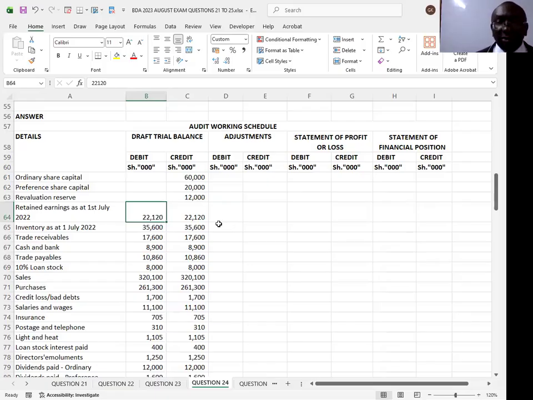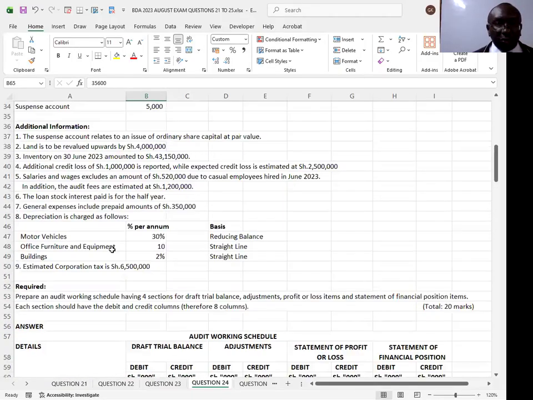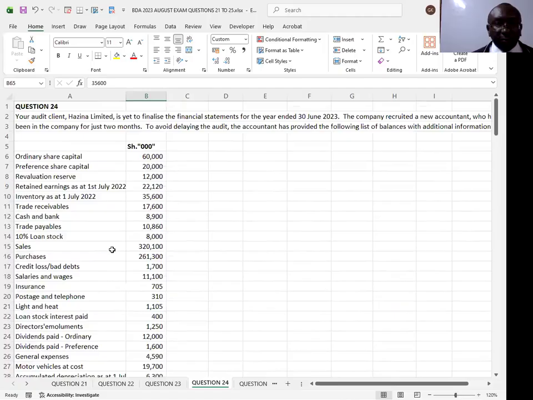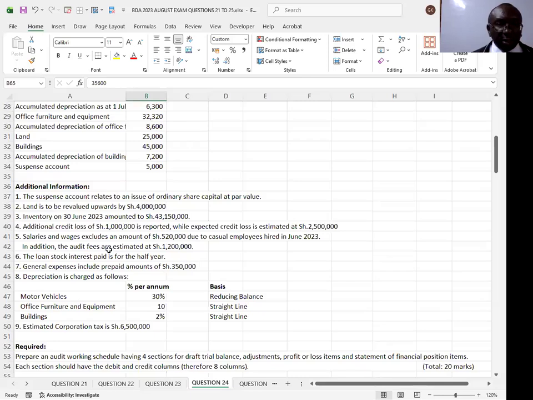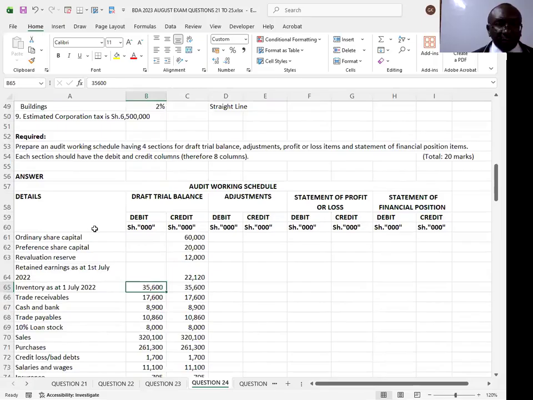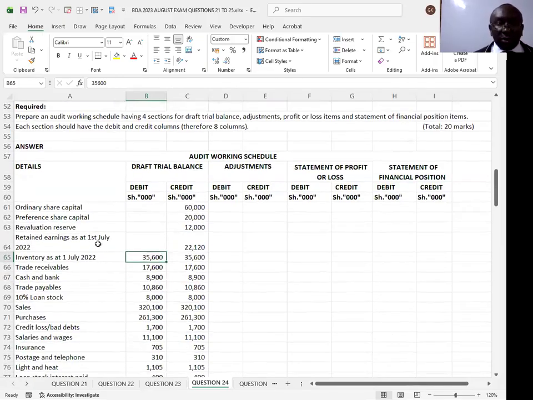They are also credits. Inventory is at 1st of July. So this must be opening stock. Good. So this one is a debit balance.